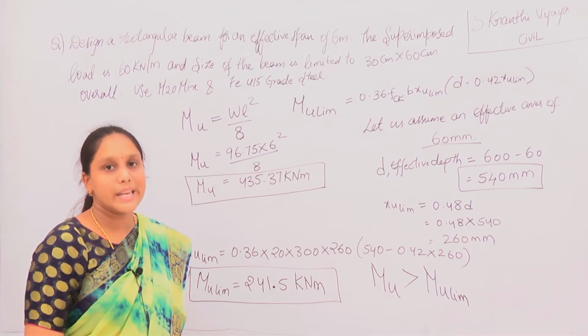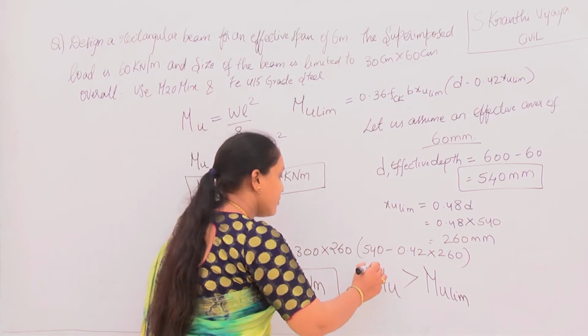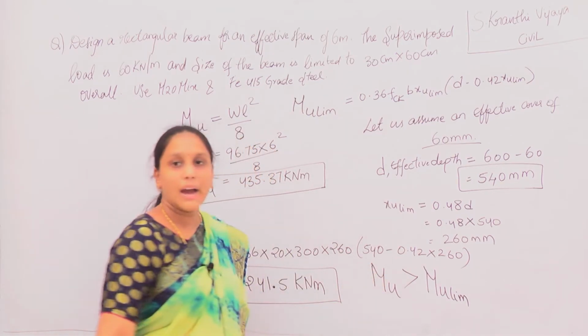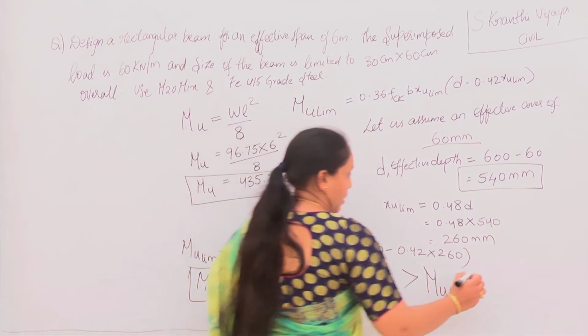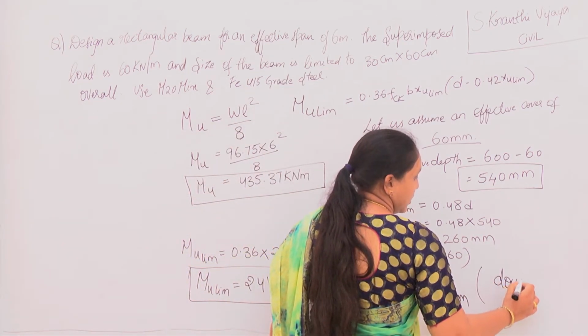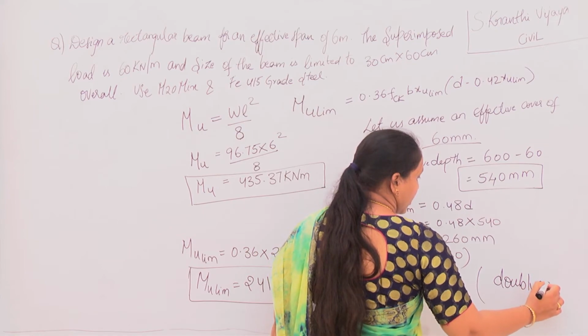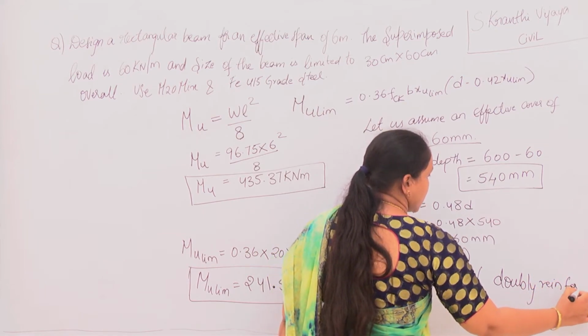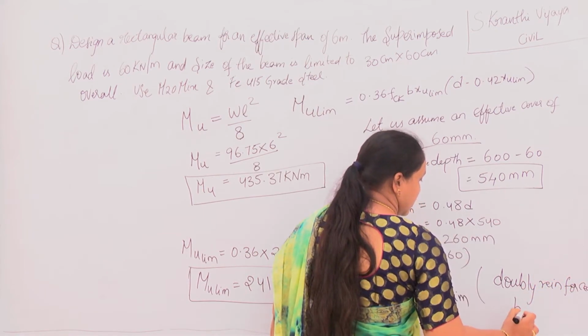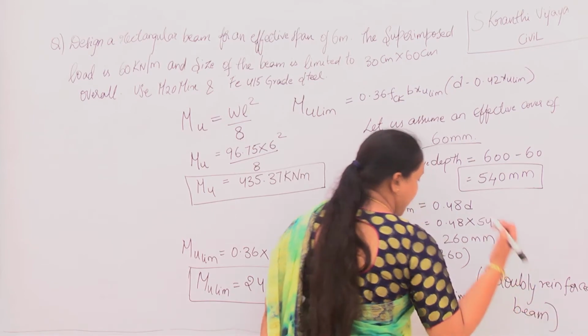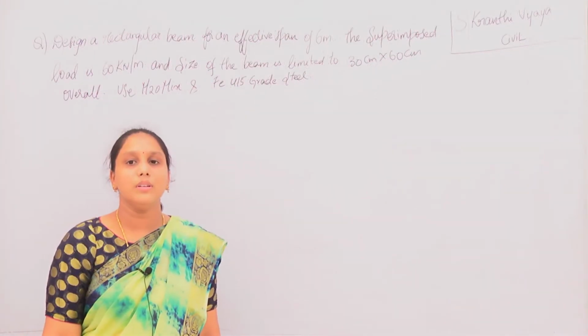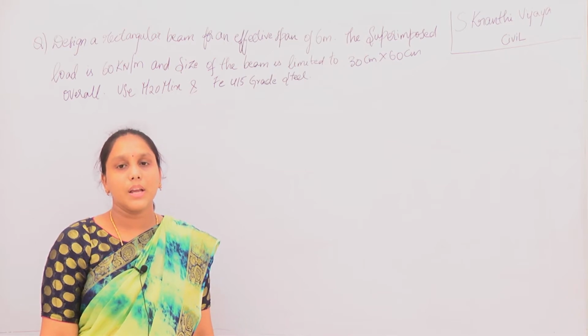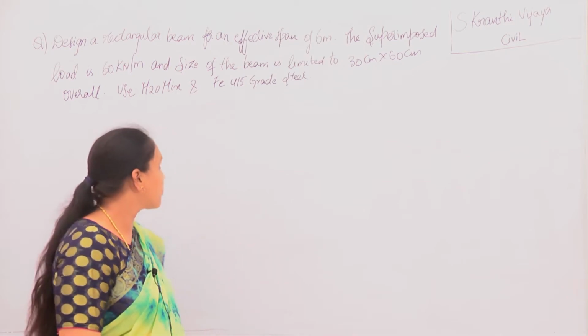If Mu is greater than Mu limit, what do you have to design? You have to design for a doubly reinforced beam.